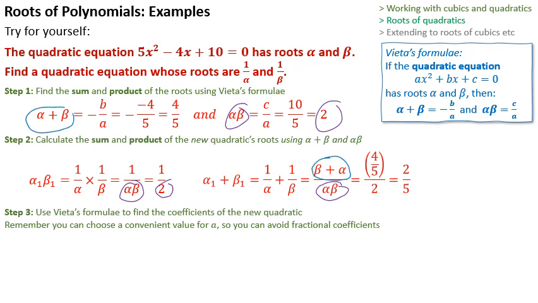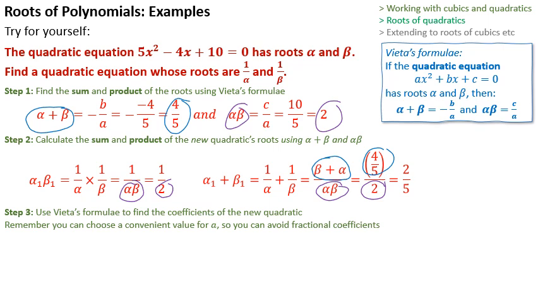It's perfectly fine to have both appearing in the same place. We had that last time as well. Because we know alpha beta and we know alpha plus beta. And we never need to find alpha or beta independently. All we need is something related to them. And that gives us the sum of the new roots.